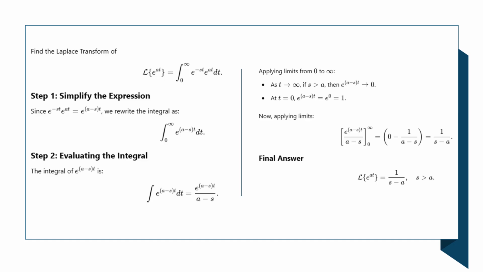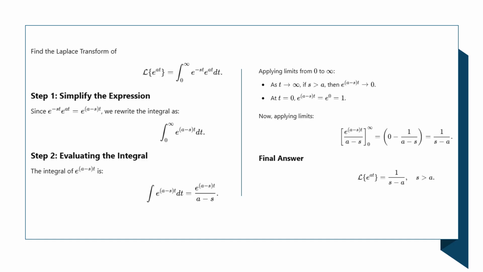Now you can take the exponential base common and you will get e to the power a minus s into t, dt. Again, the integration of the exponential is the same technique, and you put in the limit 0 to infinity. Finally you will get the value 1 divided by s minus a.